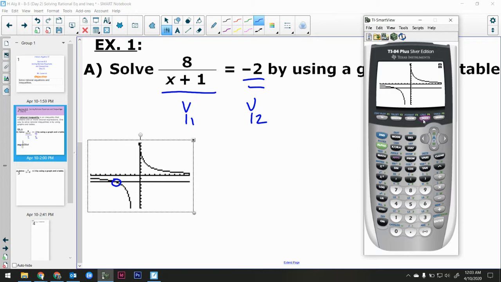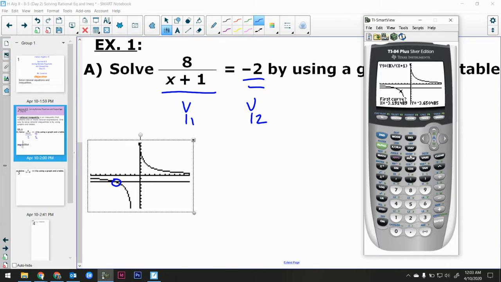I go to second, calculate, and then choice 5 is intersect. Now, I must move my cursor over, see the blinking dot there. I must move that over to where it's on the correct piece of the graph where the intersection point is. Obviously, it's not going to happen on this upper portion. It's only going to happen on the lower portion, or on the left side, I guess I should say.